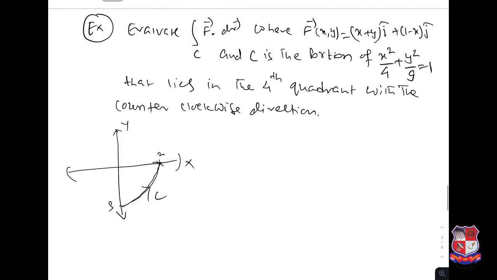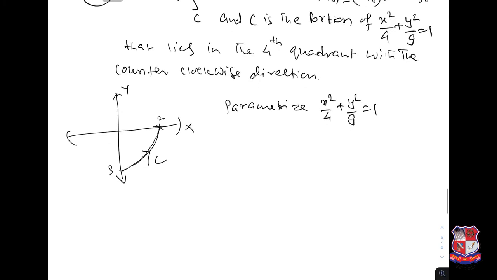Now let us first parameterize x square by 4 plus y square by 9 equal to 1. So can we write x equal to 2 cosine t, y equal to 3 sine t.